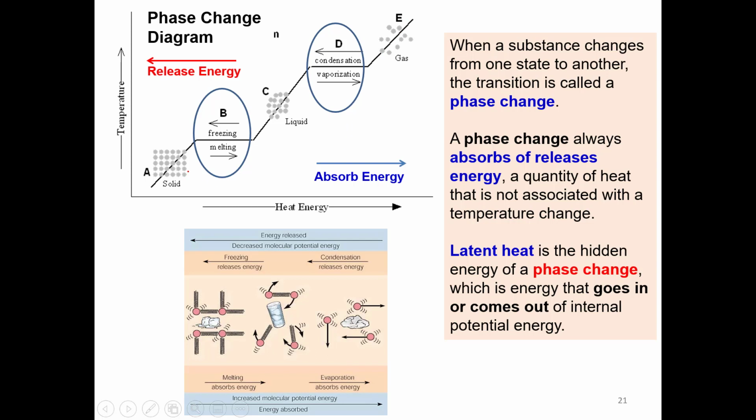Then we can see this part of the diagram: the material is absorbing energy and the temperature is increasing. But at the points where the phase change occurs, there is no change in temperature because all the energy is used to change the phase.